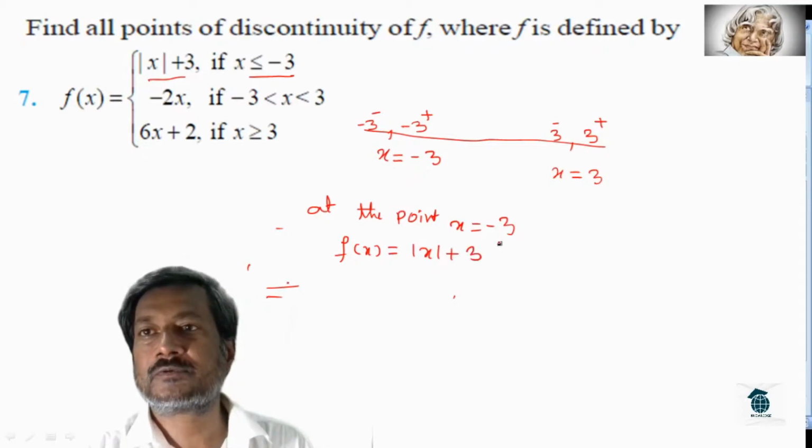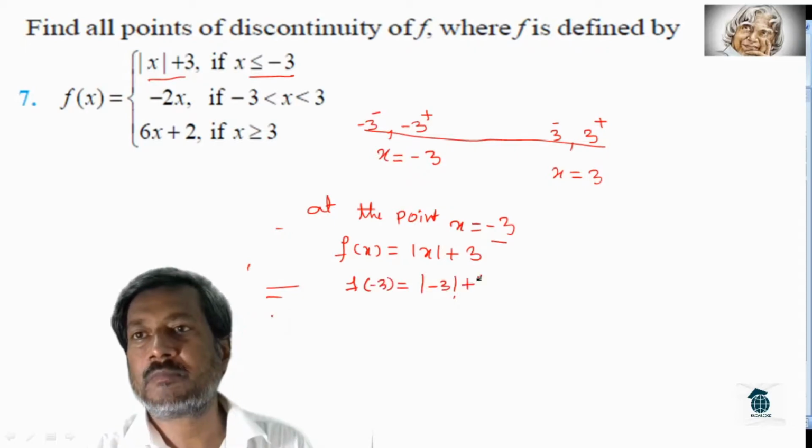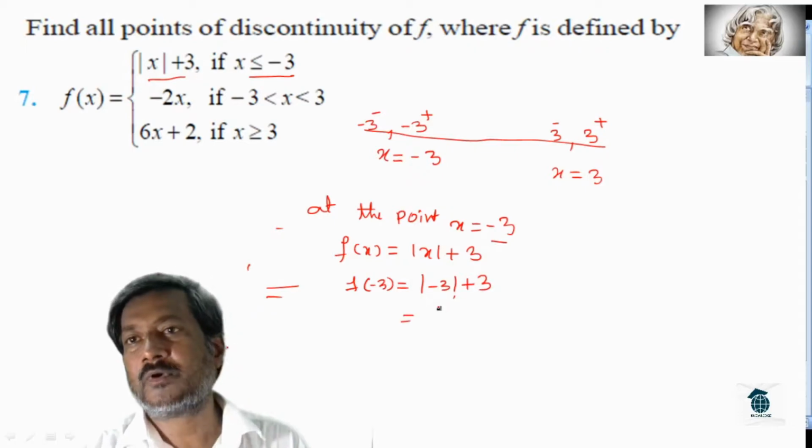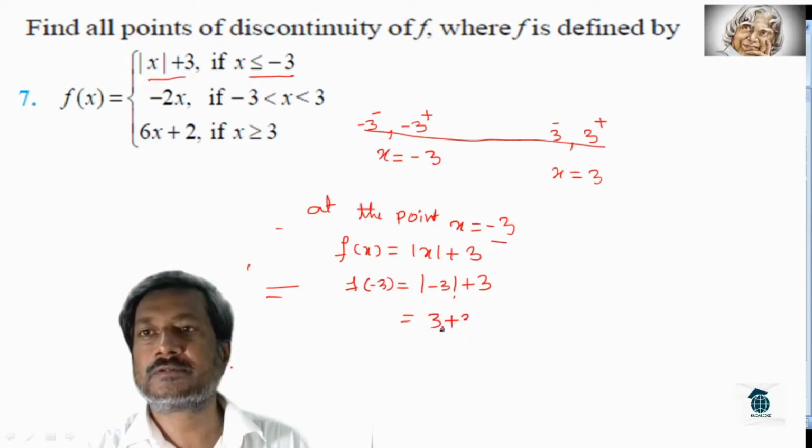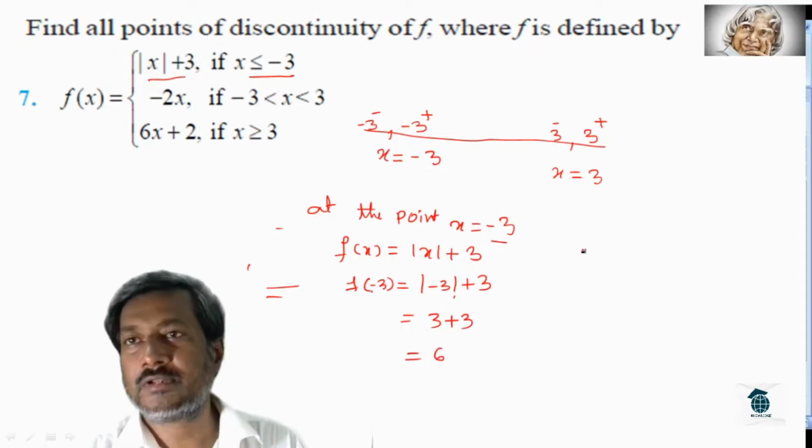Now substitute minus 3: f of minus 3 equals modulus of minus 3 plus 3. Since modulus of minus 3 is plus 3, therefore 3 plus 3 equals 6. So naturally now go for LHL.